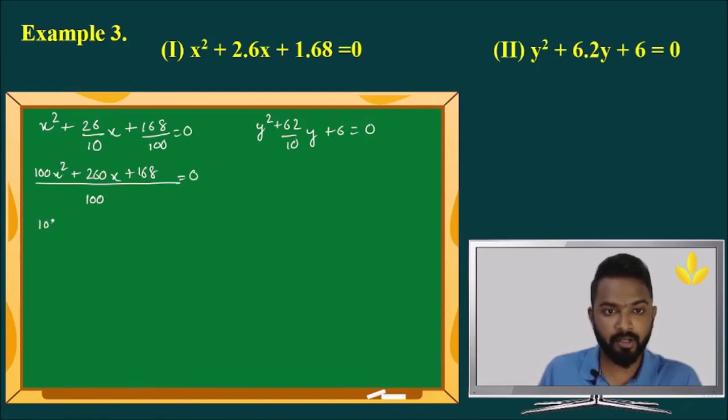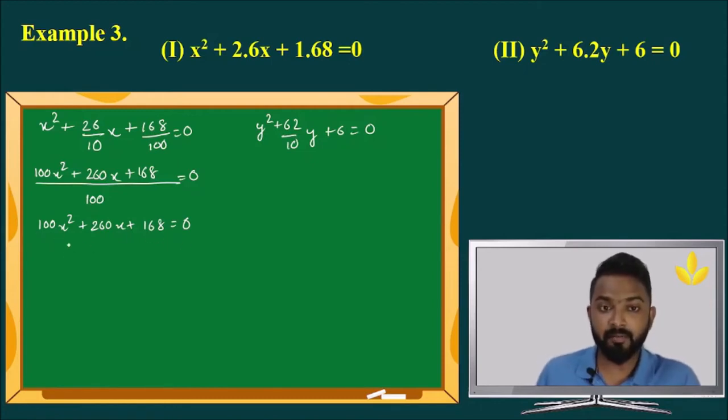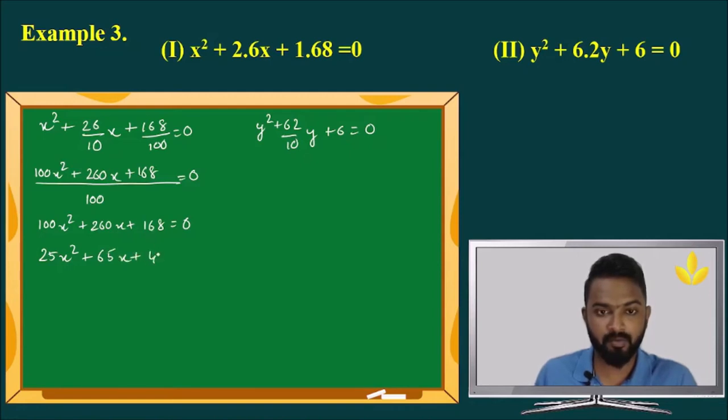We have 100x square plus 260x plus 168 equals 0. Now everything gets divided by 4. So we have 25x square plus 4 6s are 24, 4 5s are 20, x plus 4 4s are 16, 4 2s are 8 equals 0.